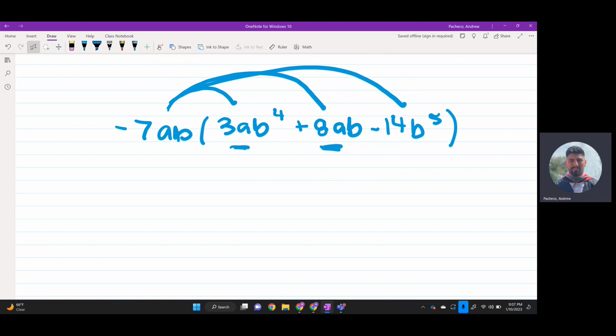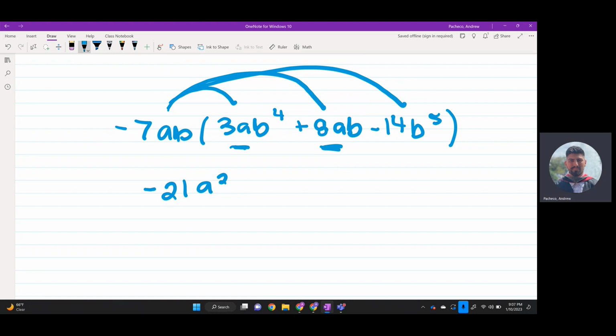What I want you to make note of is how everything ends up simplifying when you multiply. I have to multiply -7 and 3, that's going to be -21. When I multiply a times a, that's going to be a squared.